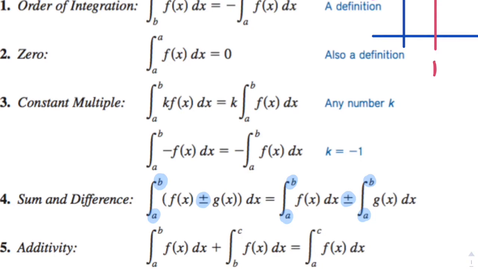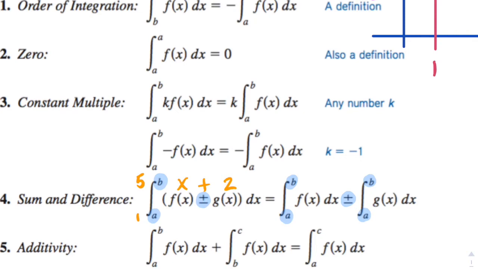So pretty much what this is saying is that if I had something that went from 1 to 5 of x plus 2, I could call my first function x and my second function 2.